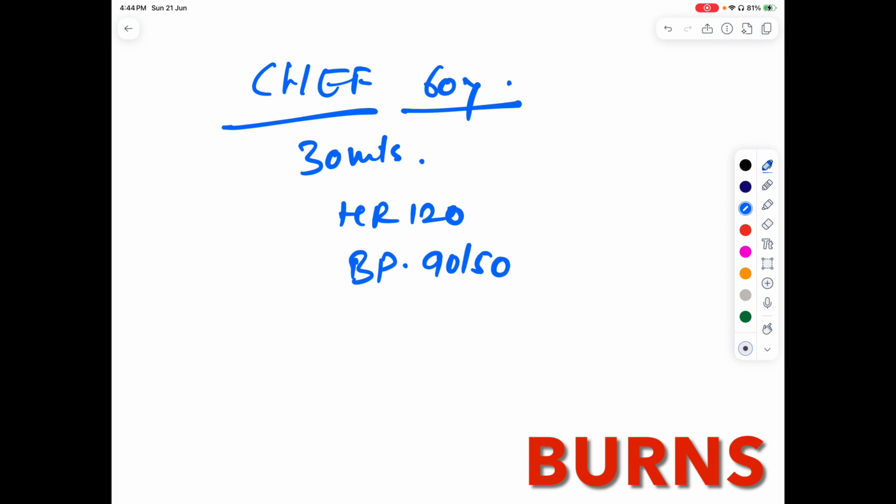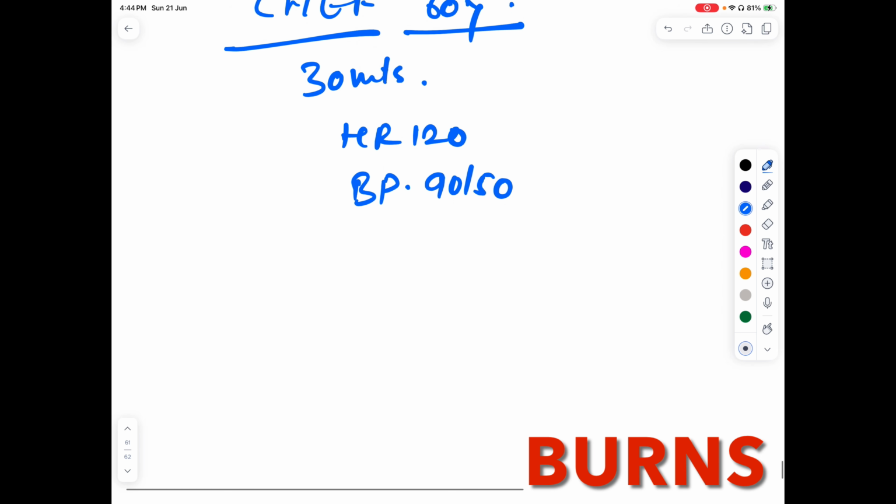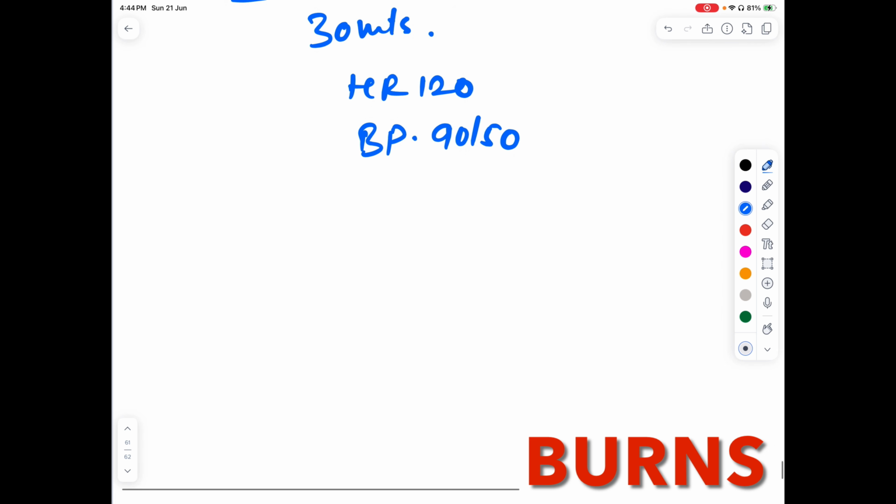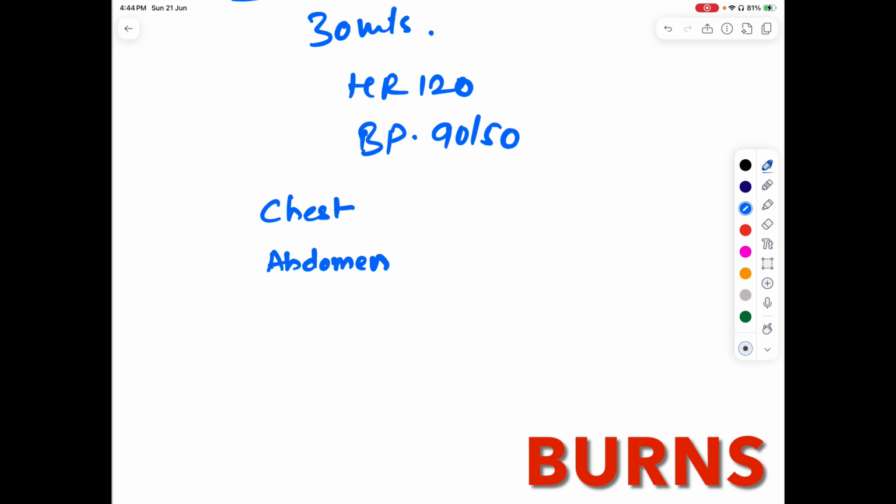This patient has a burn covering the chest, abdomen, both right and left lower limbs, and the upper limb only on the right.